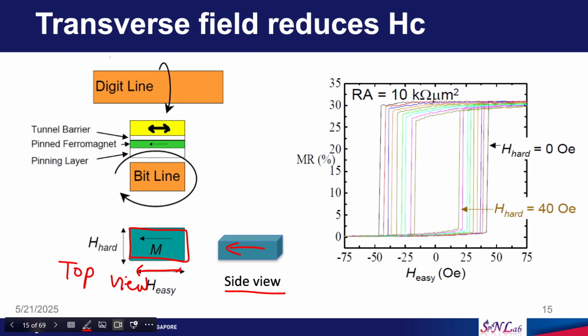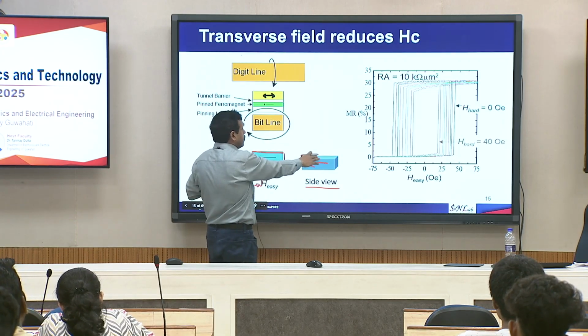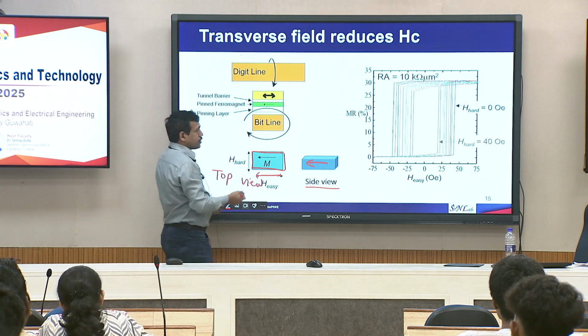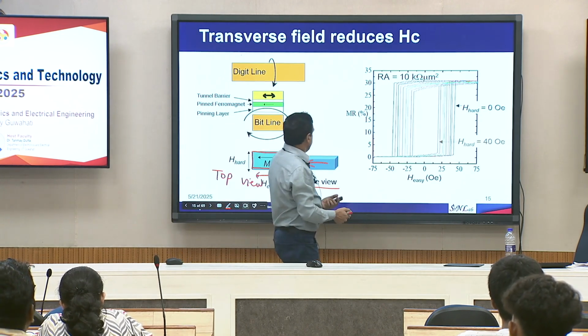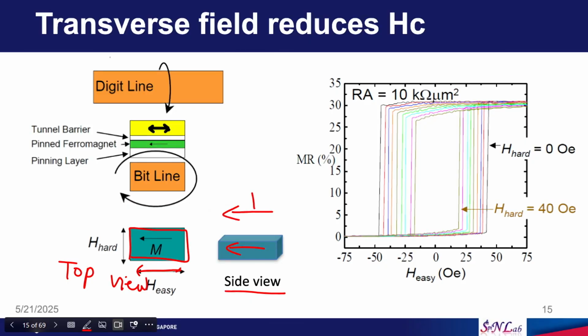Let us do the hysteresis loop of this particular piece alone. Let us forget about this one. Let us say we have deposited a free layer and let us do a hysteresis loop. We apply a magnetic field along the easy direction and sweep the magnetic field. We will get a hysteresis loop.